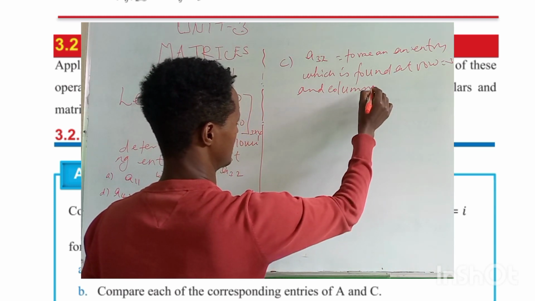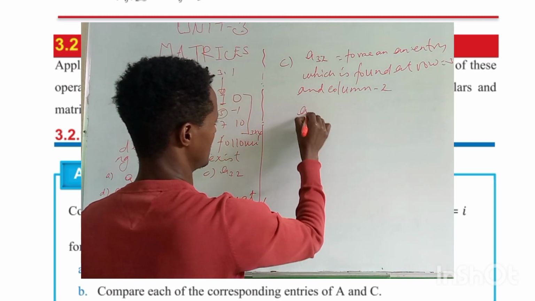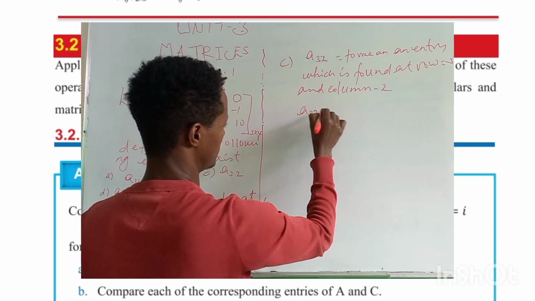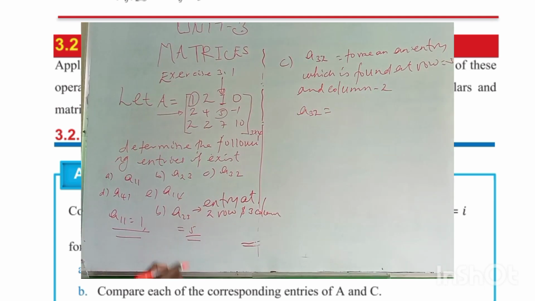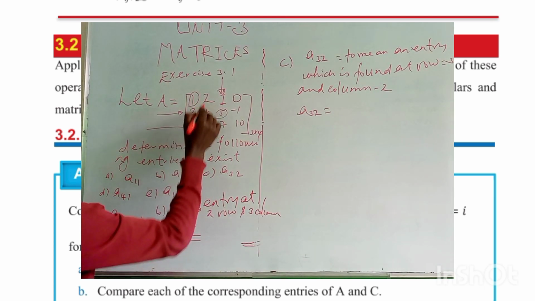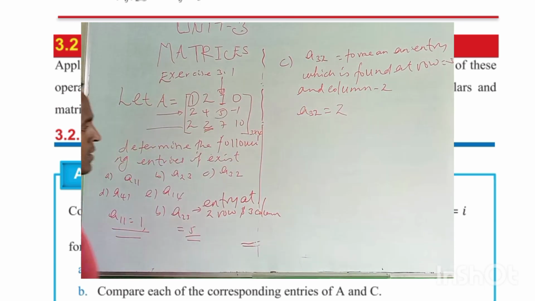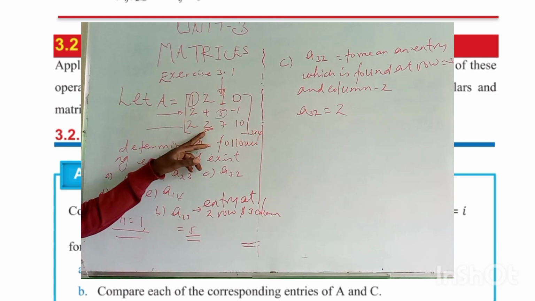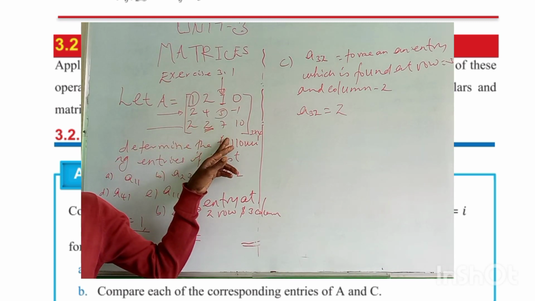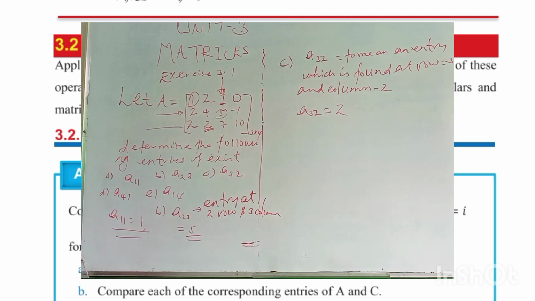It is an entry on the third row and the second column, which is 2. Therefore, A32 is 2.